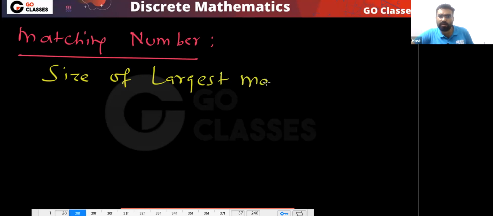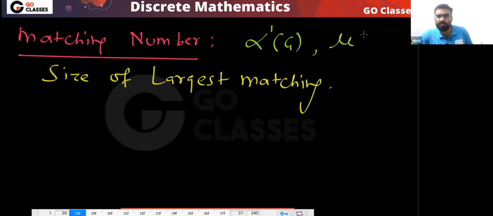That will be your matching number. What should be the symbol for it? The symbol for it is alpha dash G. Some people also use the symbol mu G.